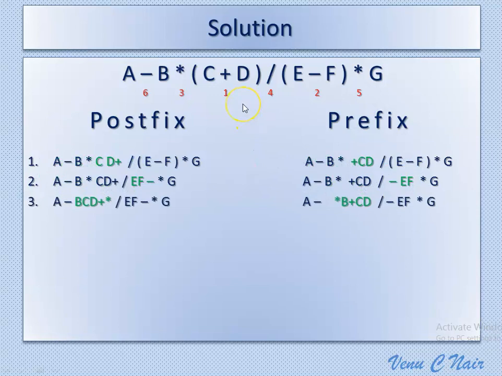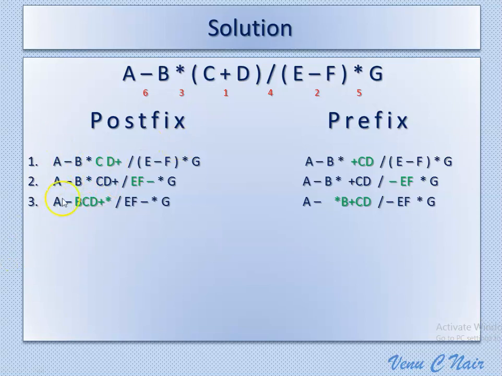Now the third operation is into. For this into, C D plus will be one operand, and B is another operand. So we have to combine these two operands and put the operator after these operands.